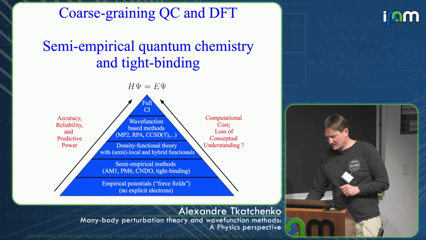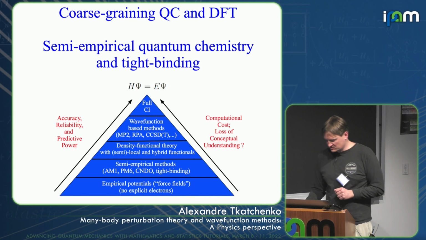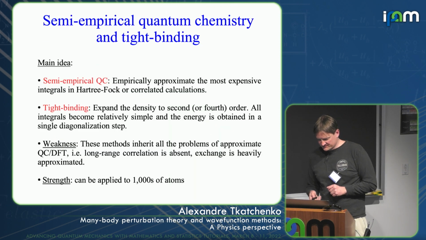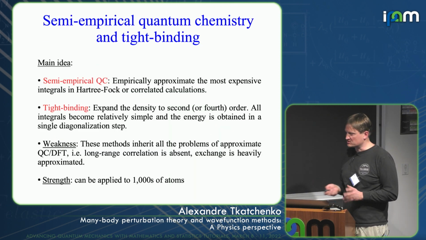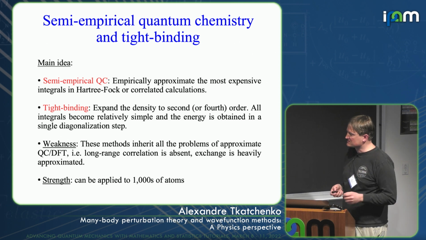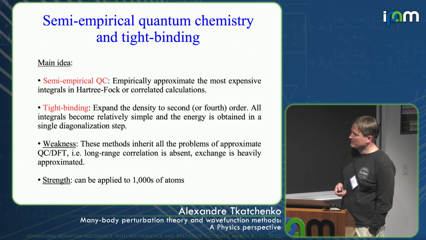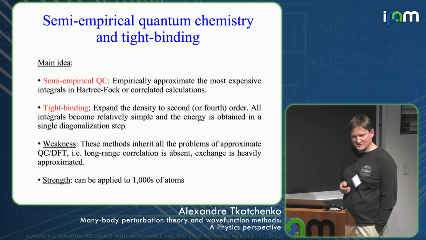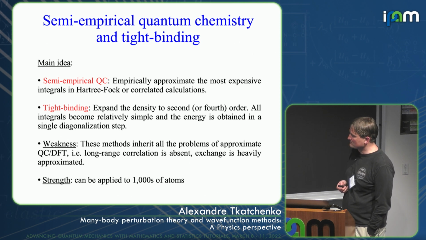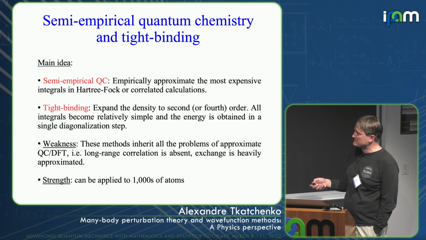This is, for example, given by semi-empirical quantum chemistry or tight binding approaches. Since I don't have time, this can be discussed later in other weeks by, for example, Martin, who is an expert on tight binding. He can tell you exactly what tight binding is about.